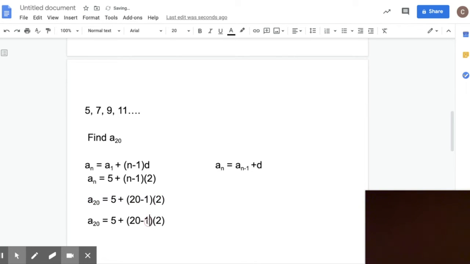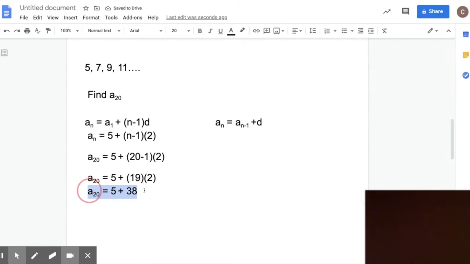20 minus 1 is 19. We're simplifying now. 19 times 2 is 38. And 38 plus 5 is 43.